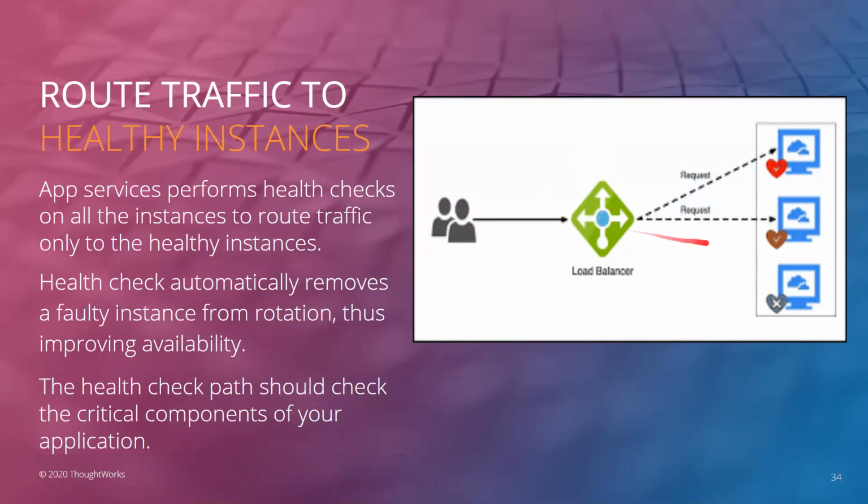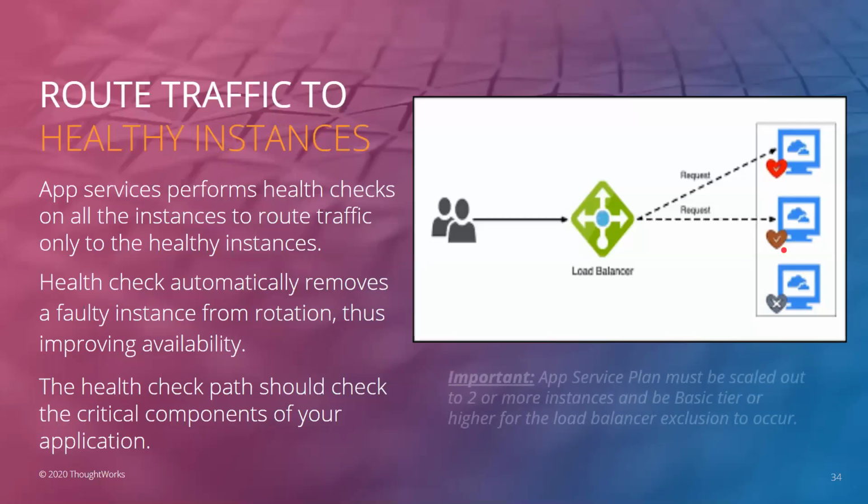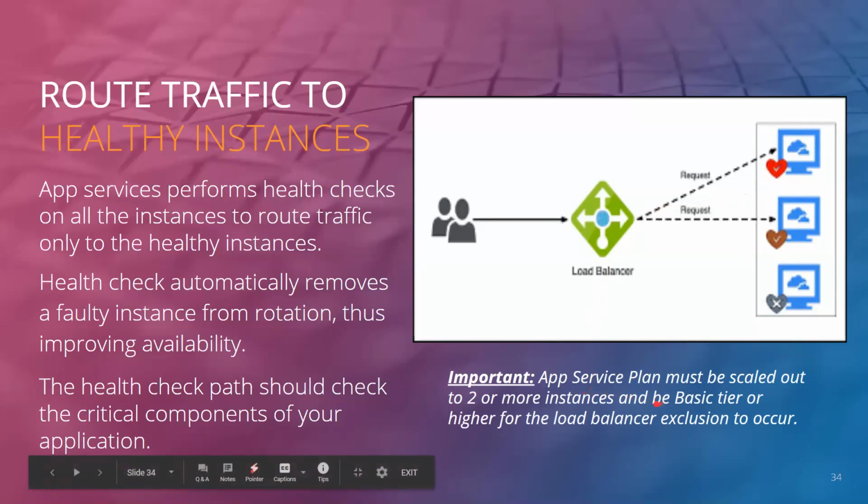The traffic would be rerouted to the remaining healthy instances. The most important thing before configuring this health check is that the app service plan must be scaled out to two or more instances so that this feature can be used.